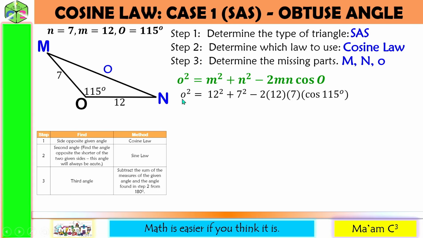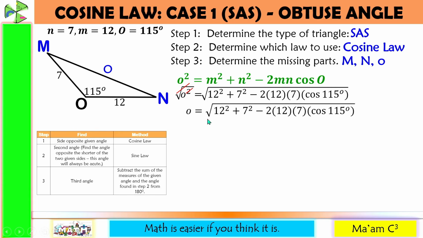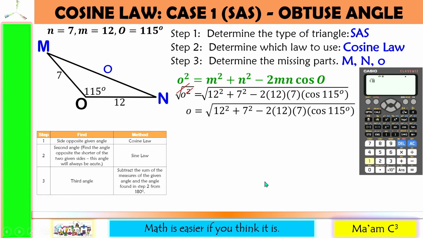Again, we only need O, so we're going to extract square roots on both sides. O will be equal to the square root of 12 squared plus 7 squared minus 2 times 12 times 7 times cosine 115 degrees. Let us solve this one. So we have the square root of 12 squared plus 7 squared minus 2 times 12 times 7 times cosine 115 degrees.